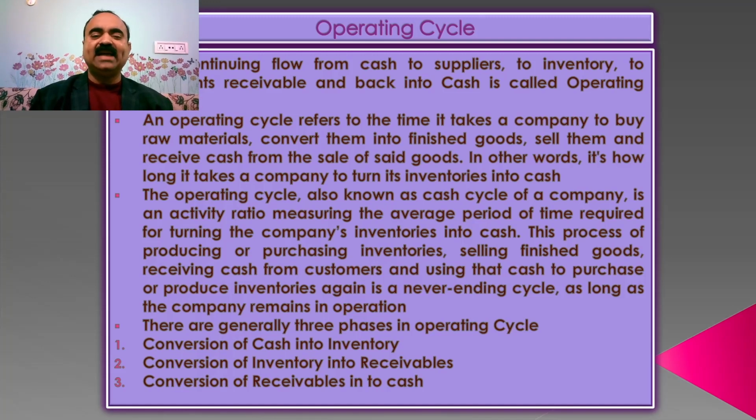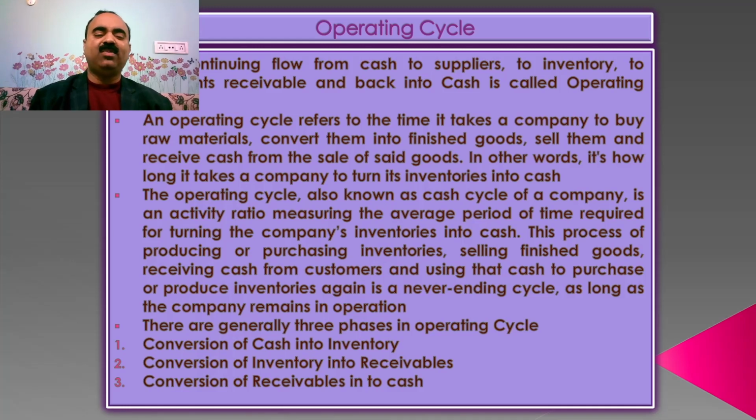The operating cycle, also known as cash cycle of a company, is an activity ratio measuring the average period of time required for turning the company's inventories into cash.